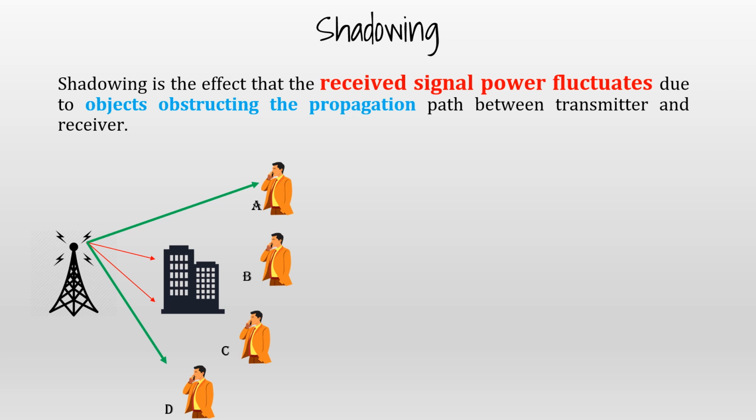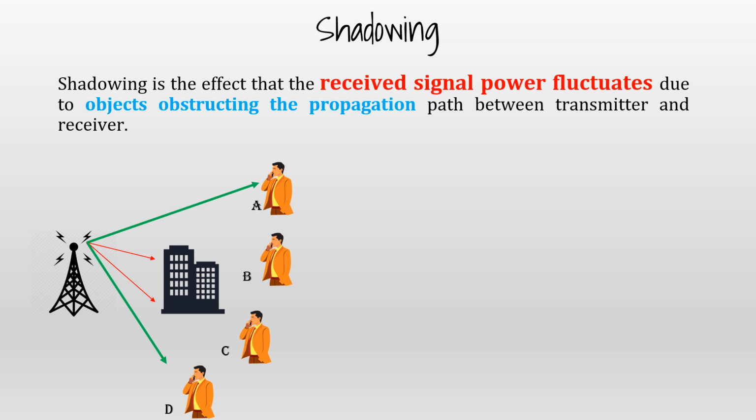When the transmitter radiates the signal and the user is at point A, there is no obstacle between transmitter and receiver, so the receiver gets good signal strength. Similarly, when the user moves a certain distance and reaches point B or point C, what will happen to the signal strength?